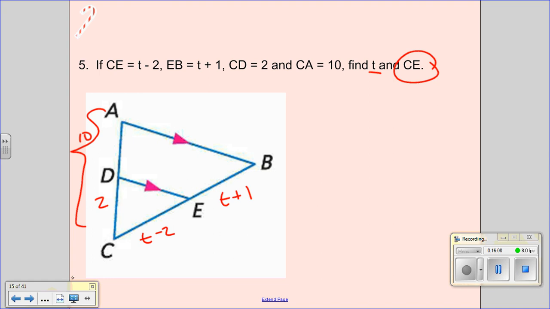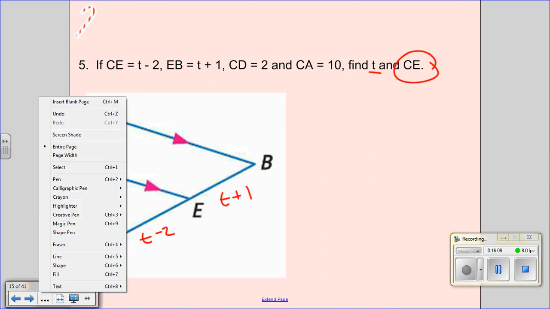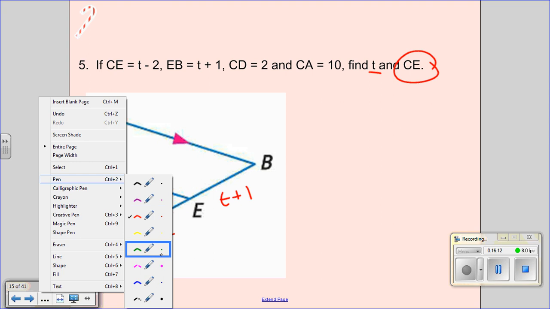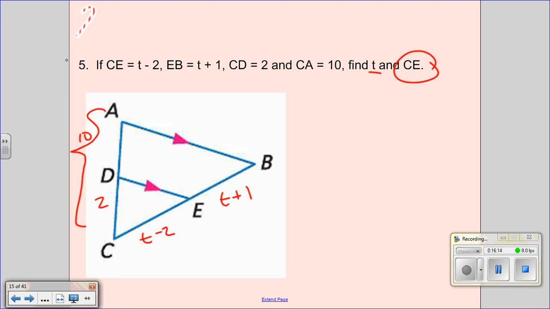So you have several ways of finding this problem. You could find what AD is because you know the grand total is 10 and you know that CD is 2, so that means AD has to be 8. That way you could say CE is to CD as EB is to DA.